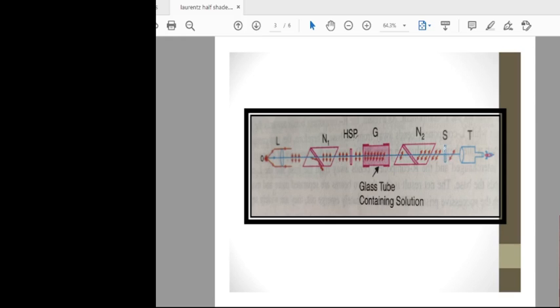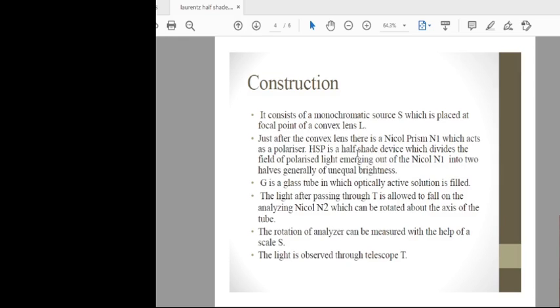This is a scale, by which we can measure the orientation in terms of angles, and that is observed by this telescope. Once again we will discuss the construction of the Lorentz half-shade polarimeter.